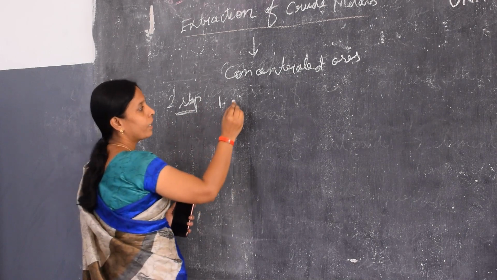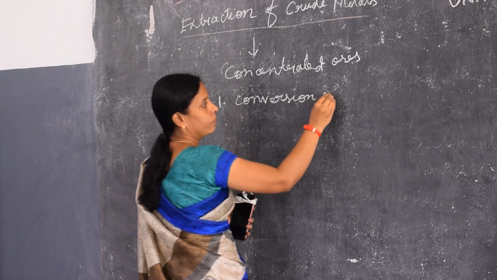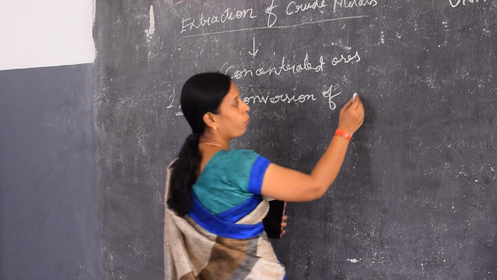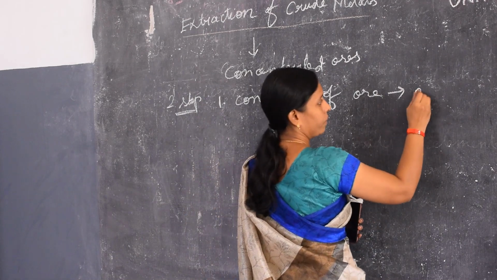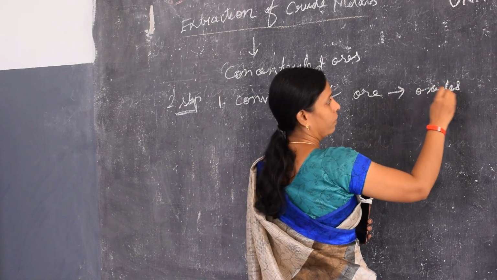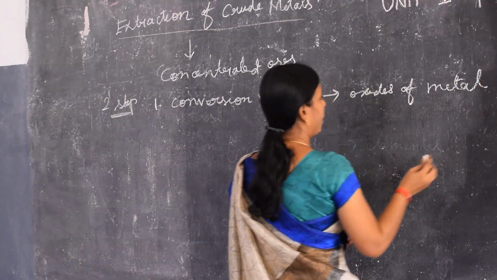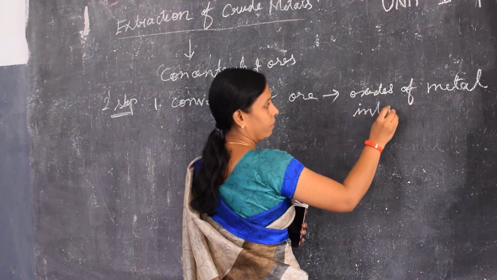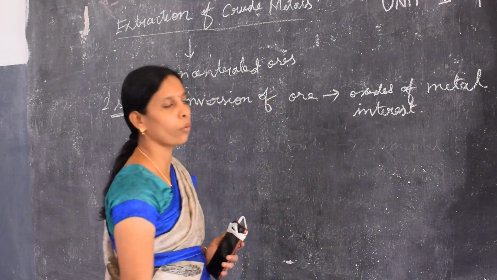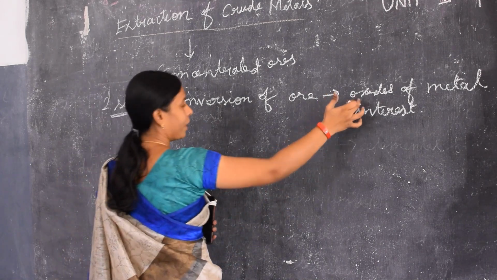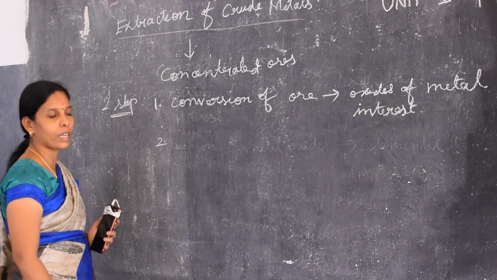The first step is conversion of ores into oxides of the metal of interest, and then these metal oxides are converted into their elemental state by using reduction.